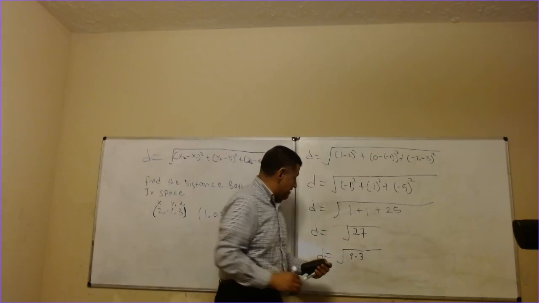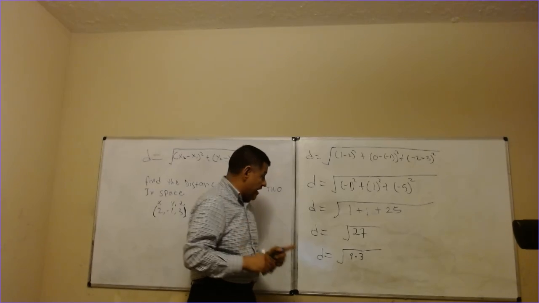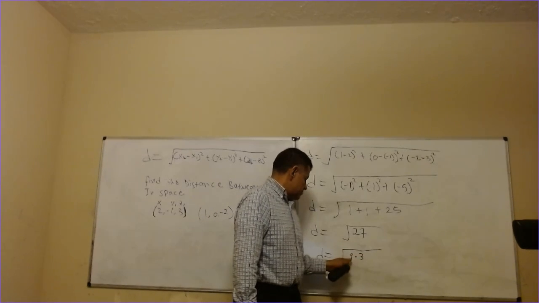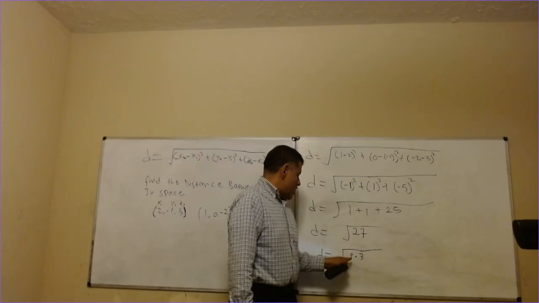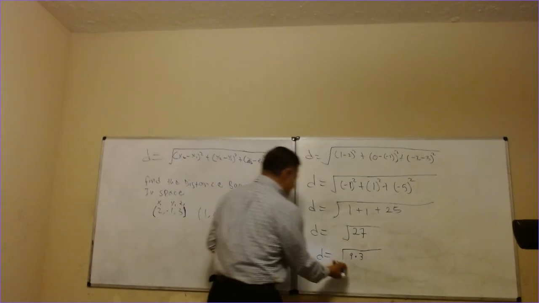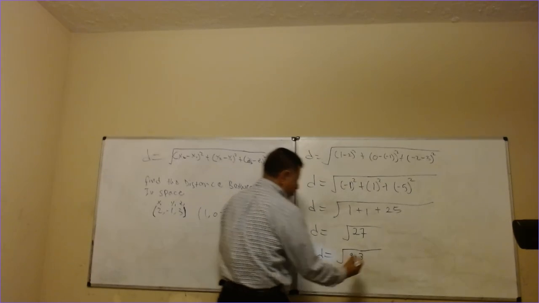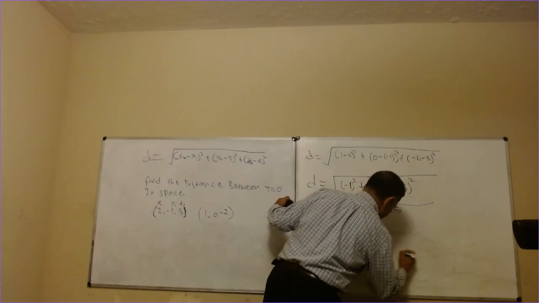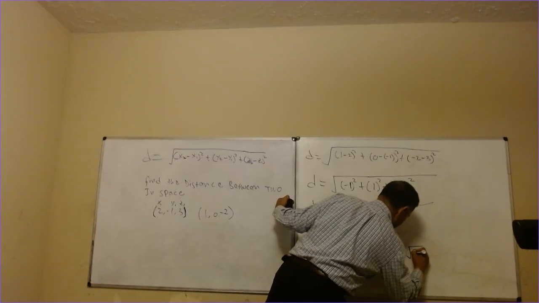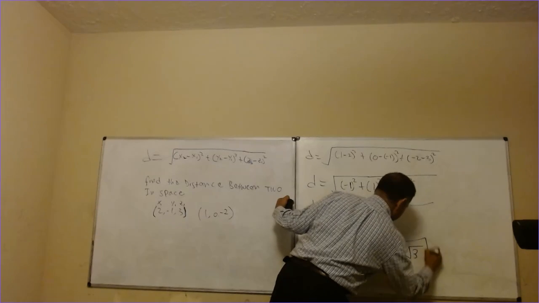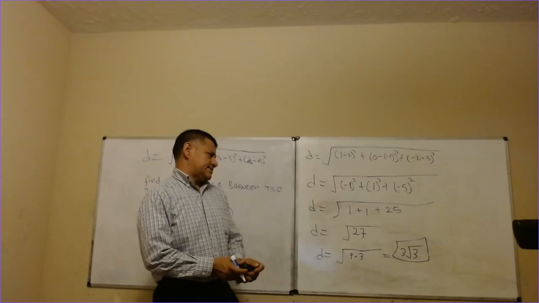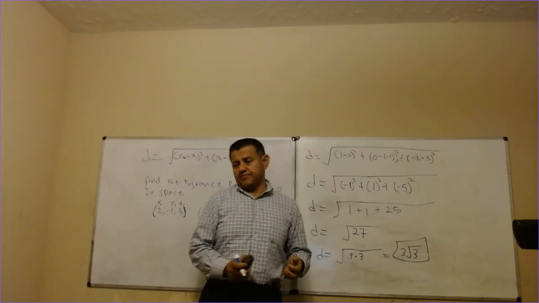Then I can take the square root of 9, which is 3. The answer is 3 radical 3. Okay, so that is basically that example.